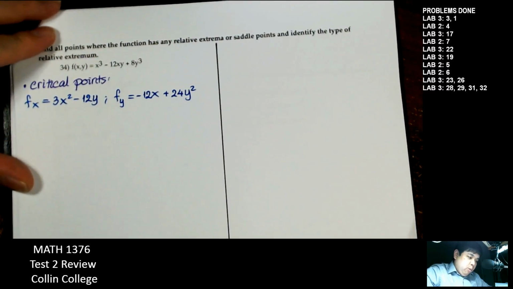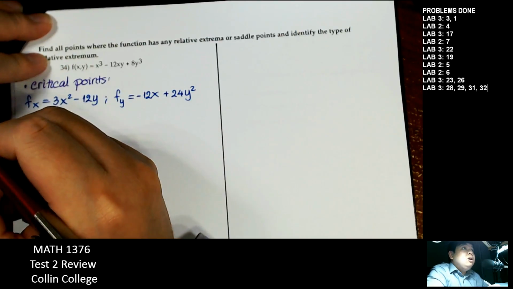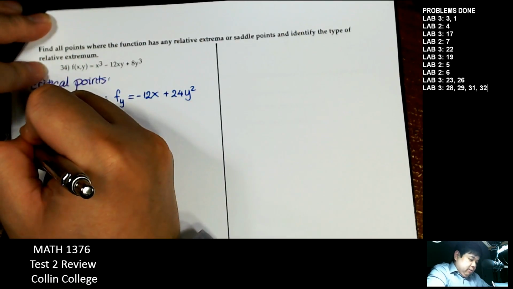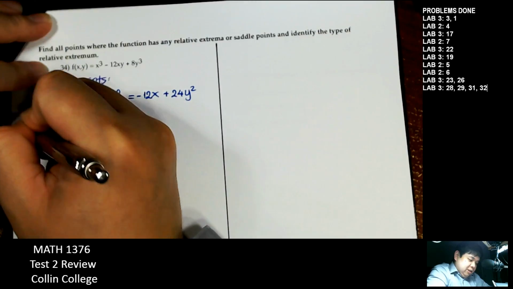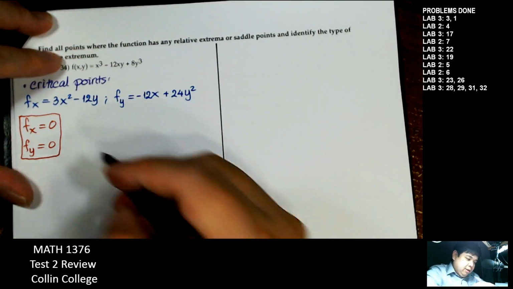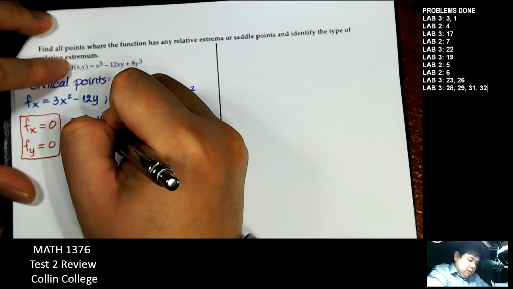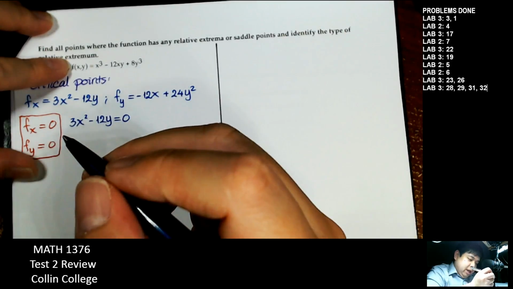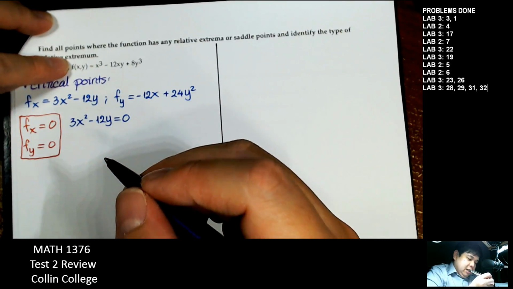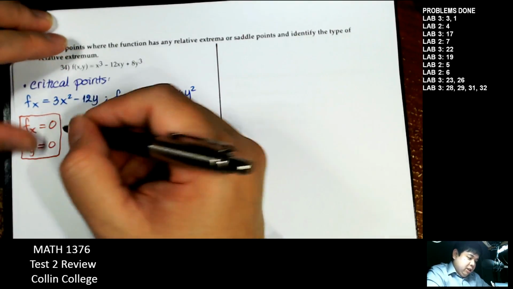Right. Critical points again: f_x equal to 0, f_y equal to 0. That might look better, we'll see.